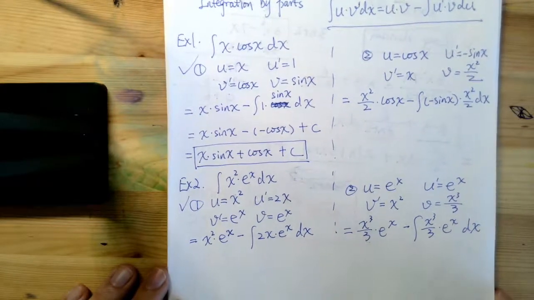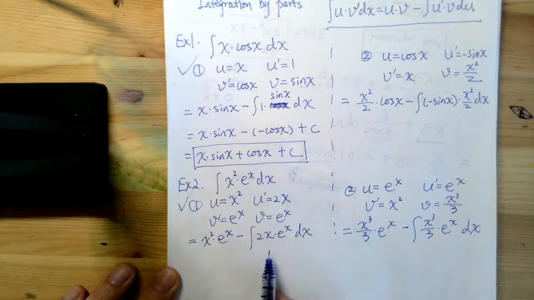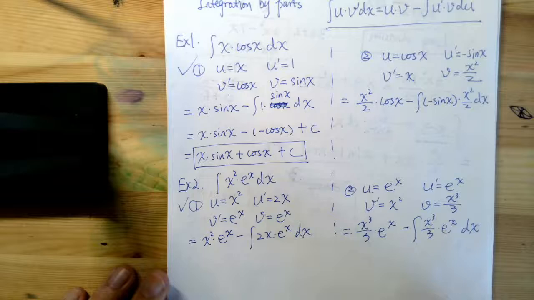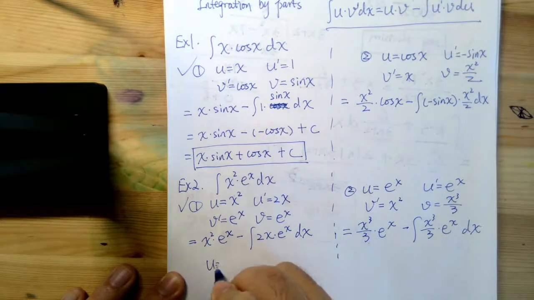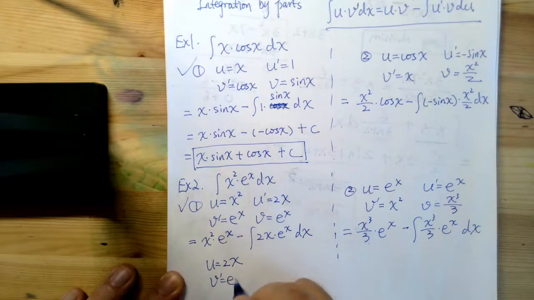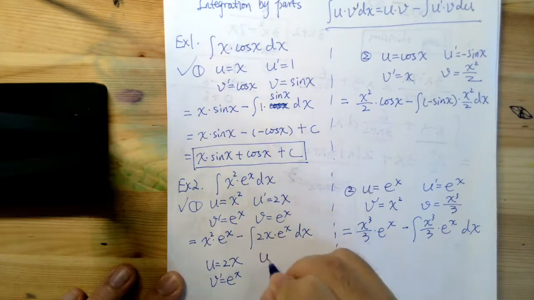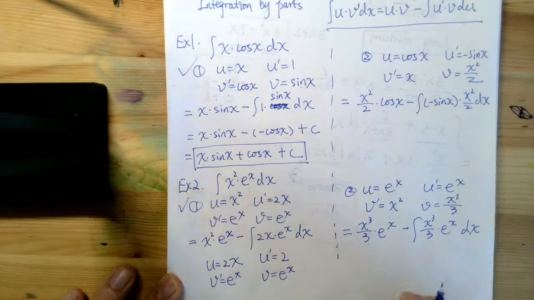However, for this problem, we're not done yet, because if you look at this integral here, we're going to use integration by parts again. Okay, so if we set my new u equals 2x, my v prime equals e to the power of x, and u prime is 2, v is still e to the power of x.